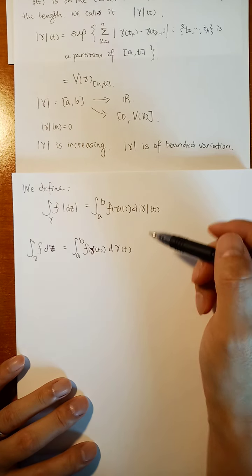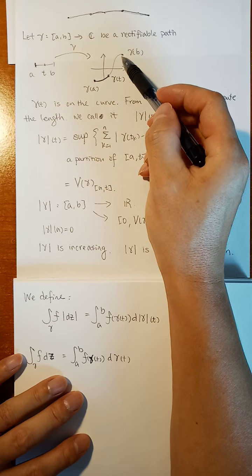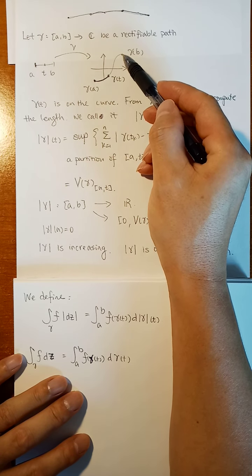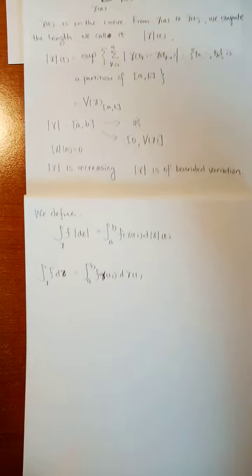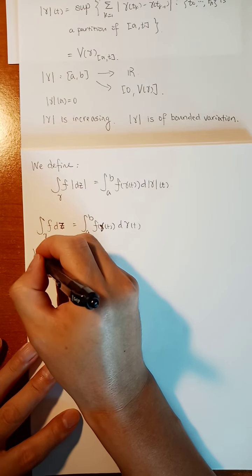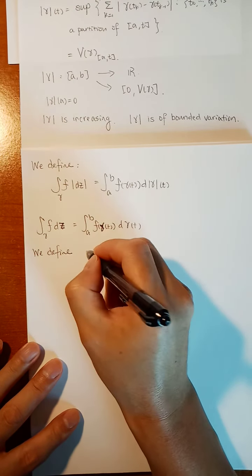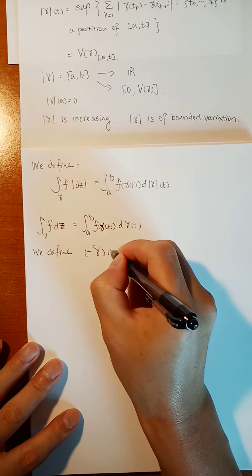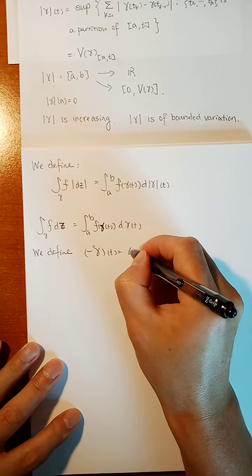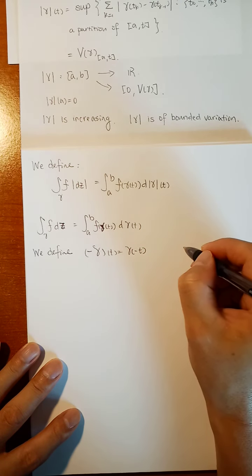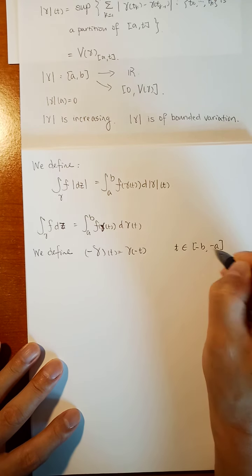So we define our second integral, a special one. Another thing: we started from gamma A and moved to gamma B. Of course, you can start from gamma B and move back to gamma A. So we define the negative gamma of t to be gamma of negative t, for t belonging to [negative b, negative a].